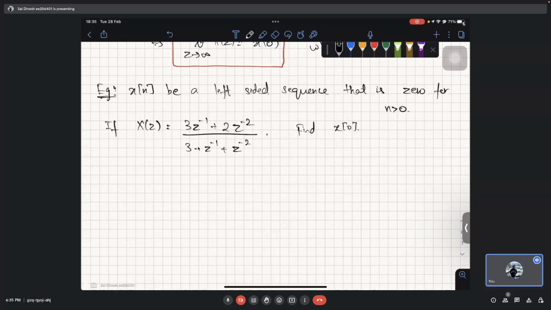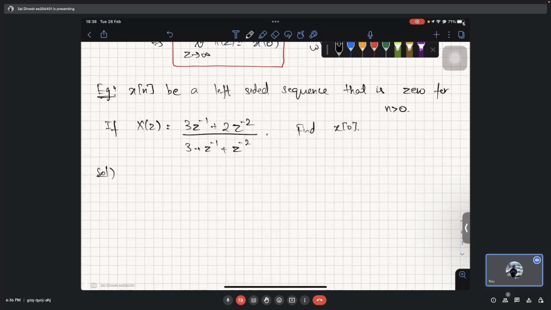So x of n is a left-handed sequence that is 0 for n greater than 0, like an anti-causal signal. And then we have that X of z is equal to (3z inverse plus 2z power minus 2) by (3 minus z inverse plus z power minus 2), given x of 0.